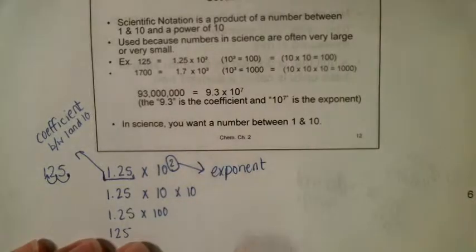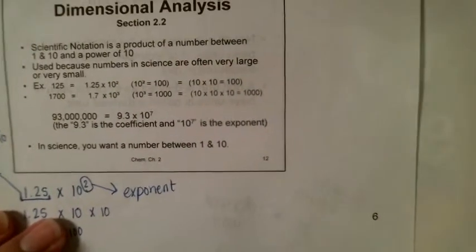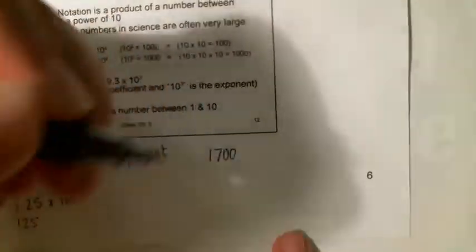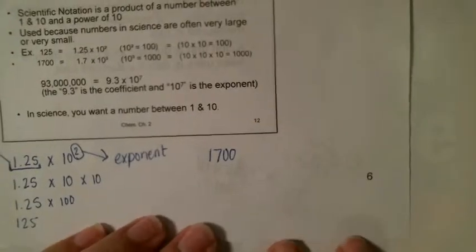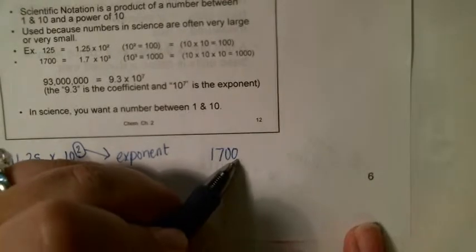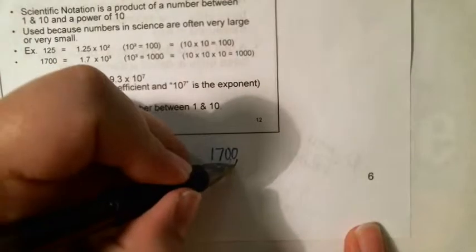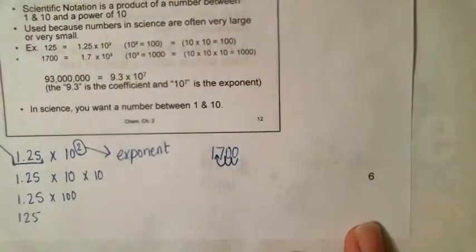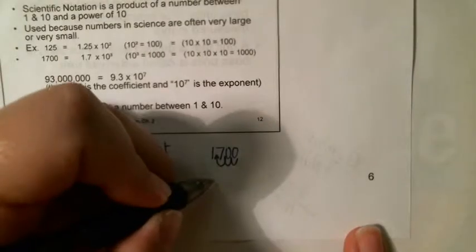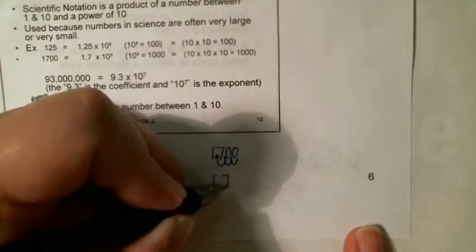All right, let's look at another example. Let's do 1700. To write this in scientific notation, you're going to have to hop your comma 1, 2, 3 spots to the left. So it will become 1.7.